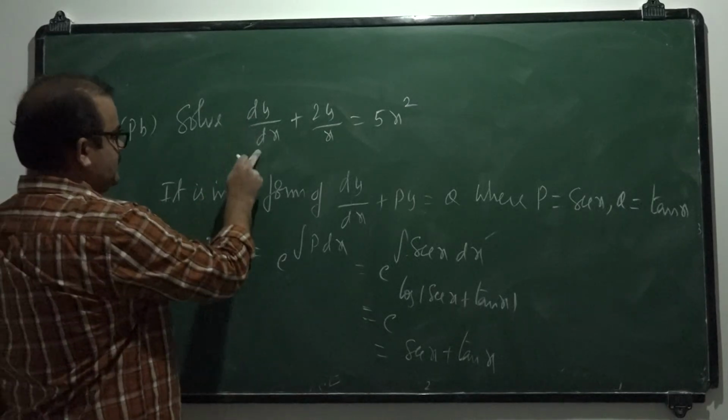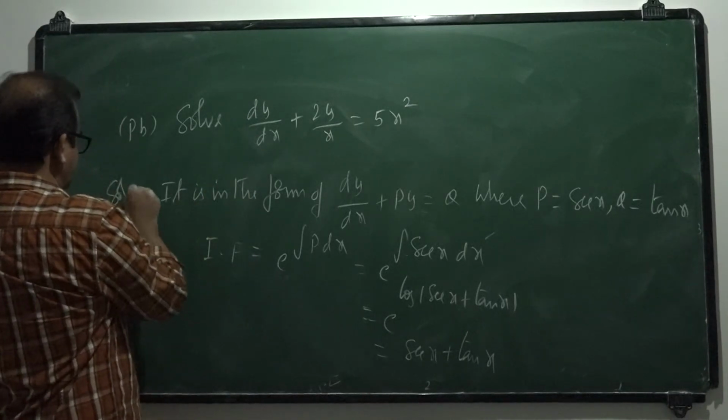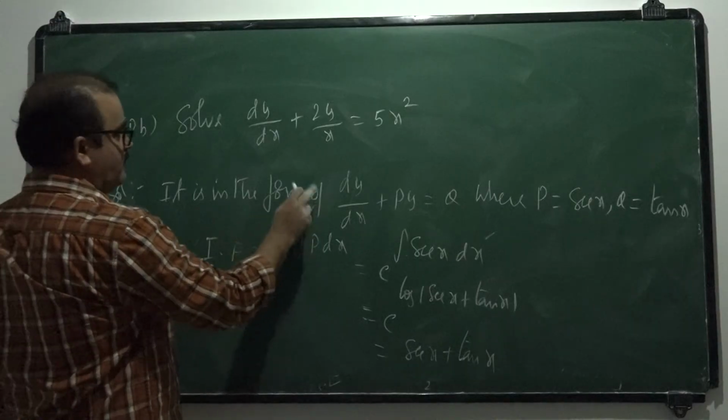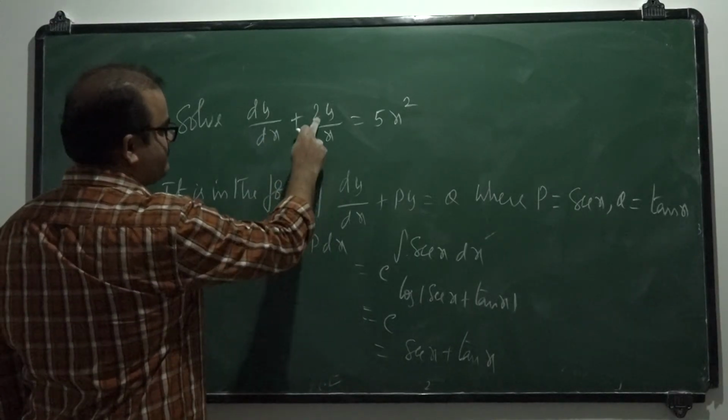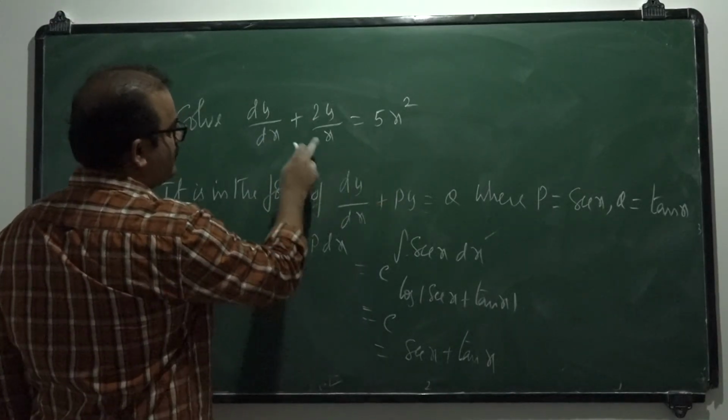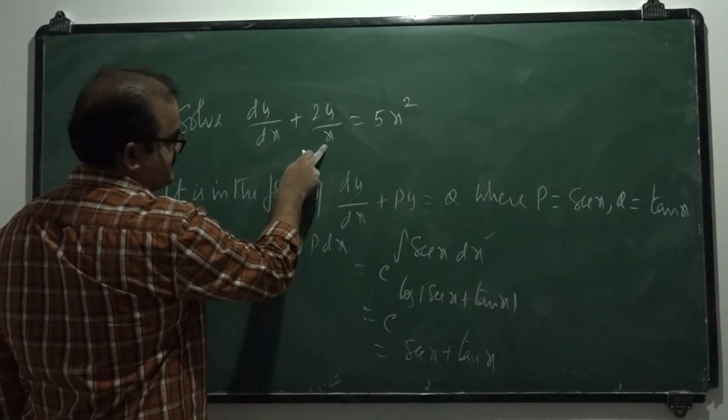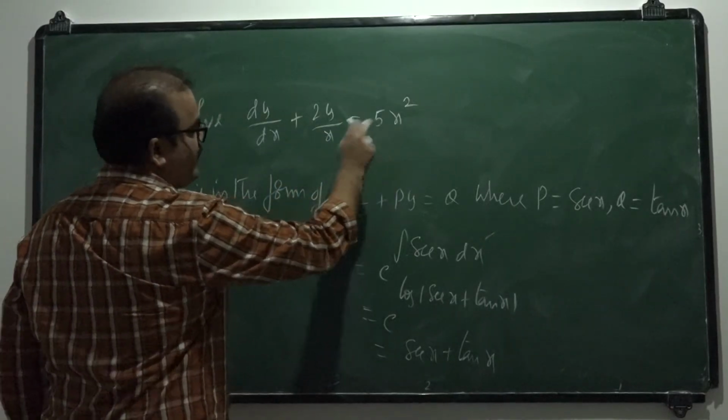Clearly this equation is in the form of dy by dx plus p into y is equal to q. What is p value? 2 by x. What is q value? 5x square.